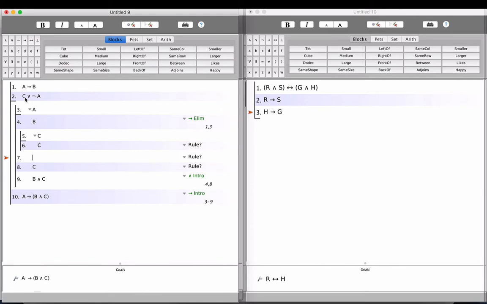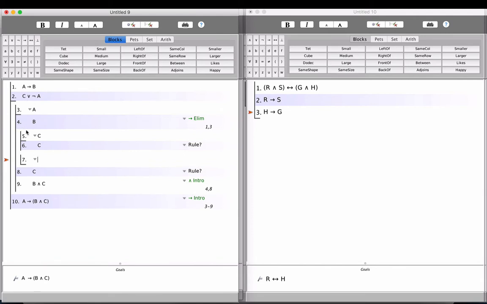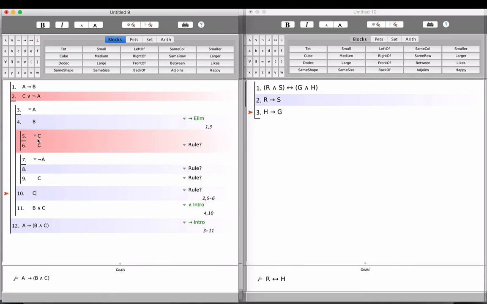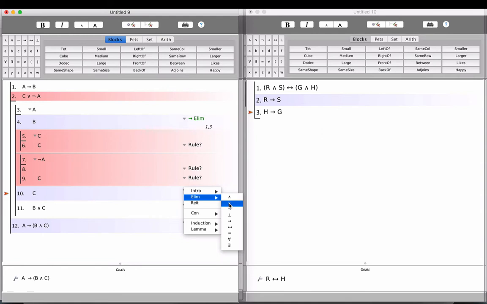I can exit that assumptive proof, start the second part of the disjunction elimination subproof sequence, assume not A. What do I want? I want C so that I can get out and say from either side of the disjunction at line 2, I have, by 2 successive subproofs, concluded C, disjunction elimination.